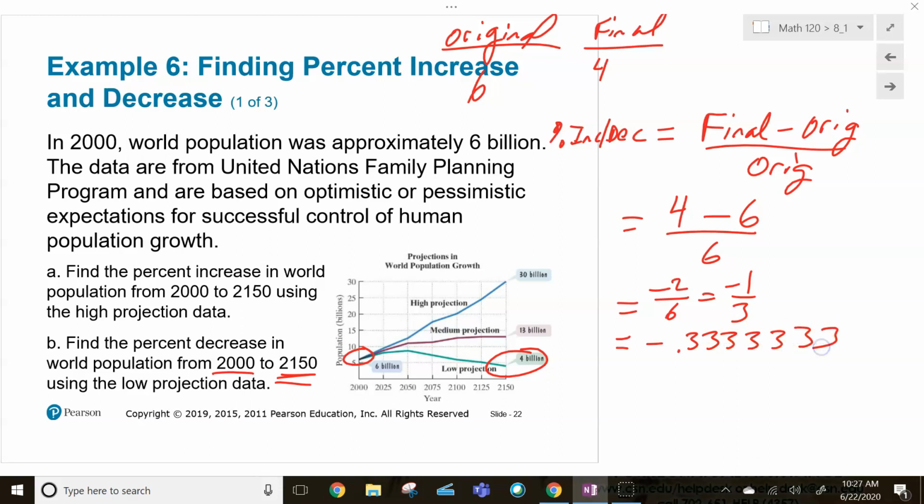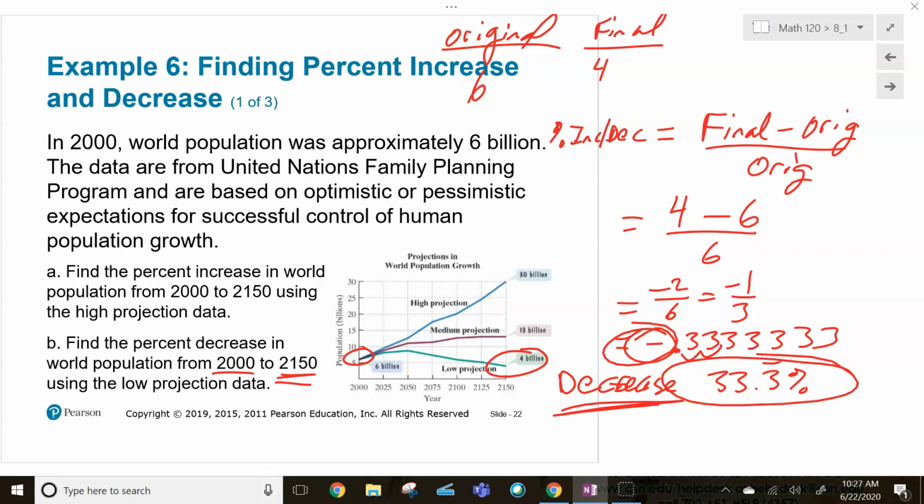Anyways, this keeps going. So the negative says decrease. So that's a decrease of, and I'm going to move that over, 33.3%. I know this keeps going. That's a decrease, right? That's what that negative tells you, and you just punch into the system 33.3% because you know this is a percent decrease. All right?